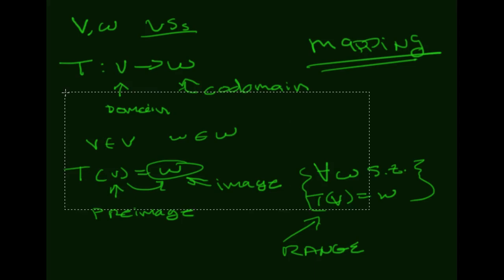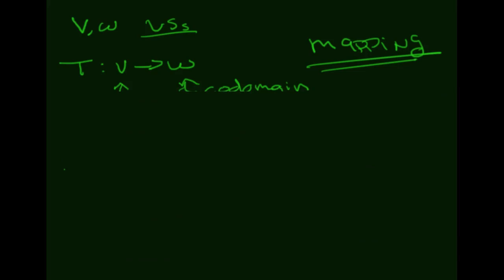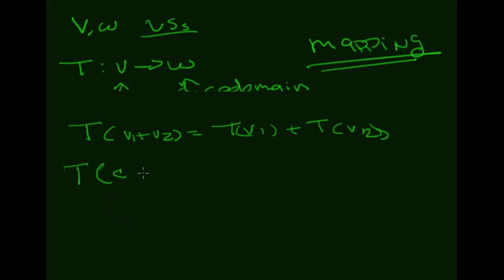If the following is true, that T of v1 plus v2 is equal to T of v1 plus T of v2, and T of some constant times v1 is equal to the constant times T of v1, then T is a linear transformation.